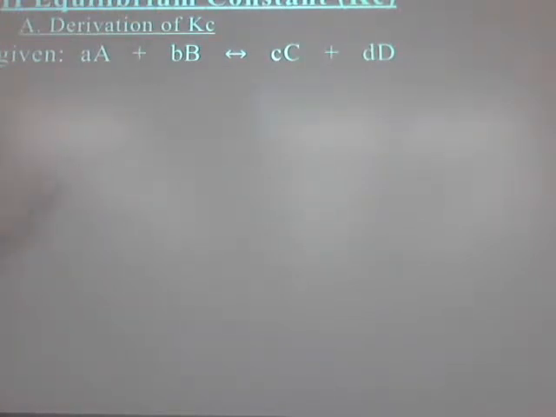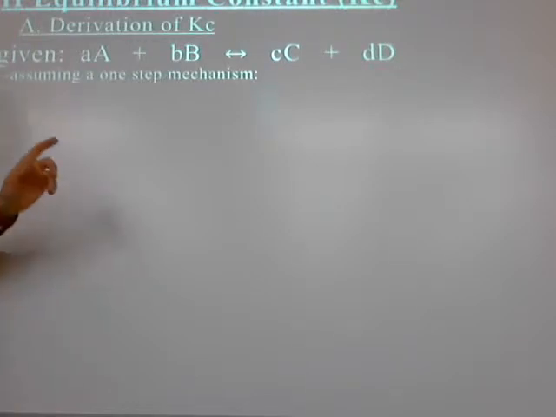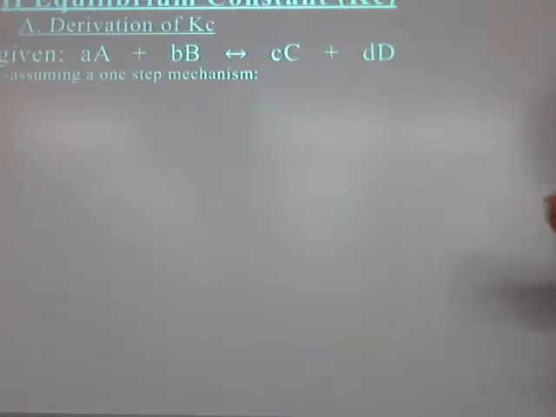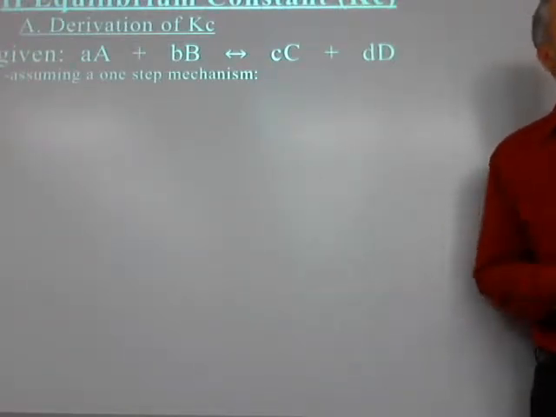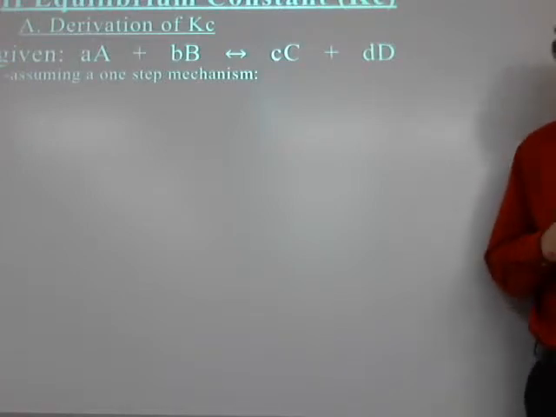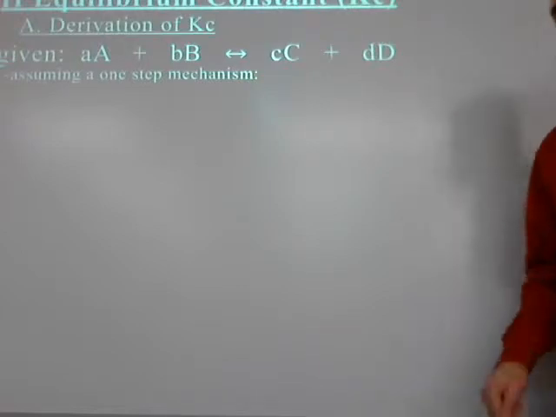Now, if I assume, and this is a big assumption, a one-step mechanism, which I can do in many gaseous reactions, and that's why a lot of the reactions you'll be talking about are gaseous reactions, I can write the rate law expression for each of these, can't I? Think about this.